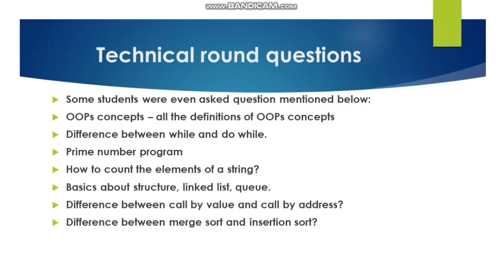So these are some important technical questions students have faced in their interviews for both Ninja and Digital. The Ninja interview will be easy, but Digital will be a little bit difficult because the package is more and they will be asking many technical questions. So be prepared for this.